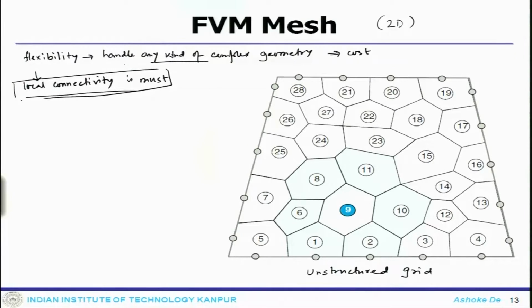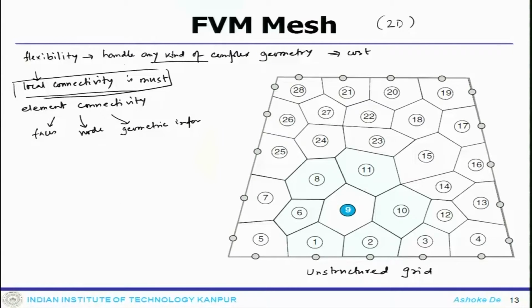Why? Because these elements, as you see 1, 2, 3, 4, 5, 6, are all randomly located. So, you need to take care of all the element connectivity, in the sense of information about each element, its faces, its nodes and other geometric information.